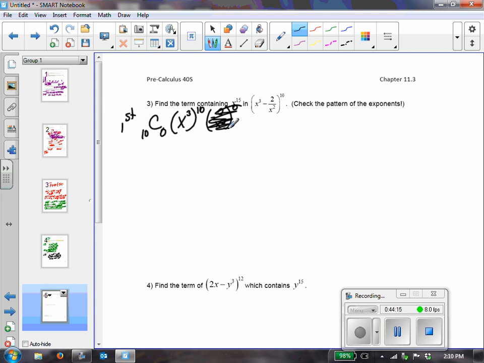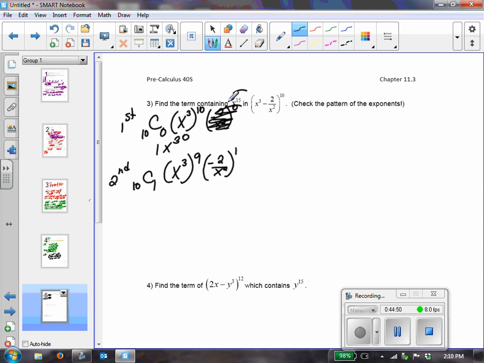So what is the exponent here? It's going to be x to the exponent 30, because one exponent's inside, one exponent's outside, and you multiply. My second term will be 10 choose 1, x cubed to the exponent 9, and negative 2 over x squared to the exponent 1. I'm not worried about evaluating the coefficient, but you know it's 10.